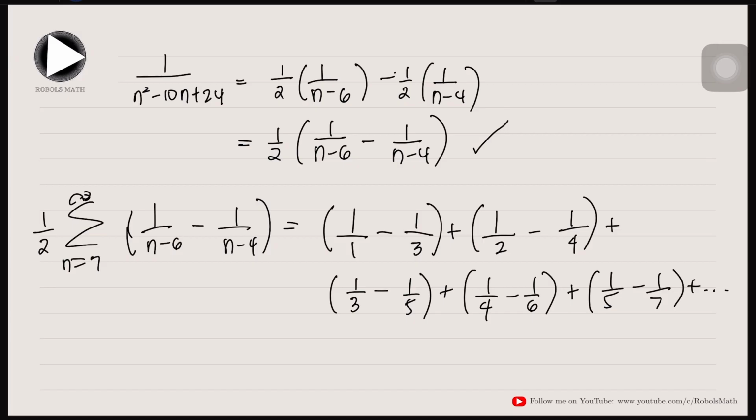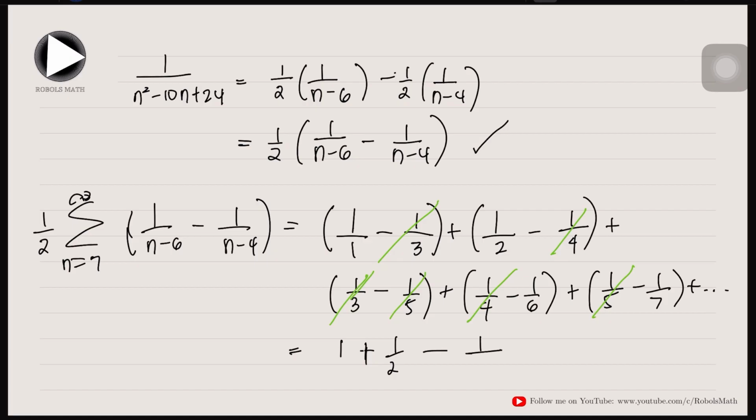Now we notice that starting from the 1/3, we can cancel out the next few terms. So the 1/5 is cancelled here. The 1/6 will be cancelled out by the next term. The 1 over 7 will be cancelled out by the next term, which means that this thing here will only give us 1 plus 1/2 minus the last term.